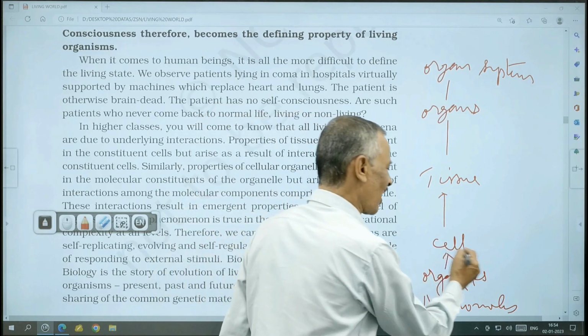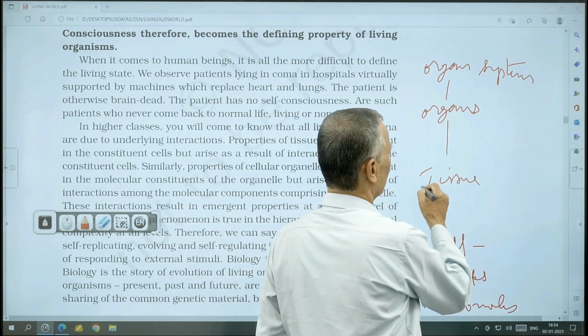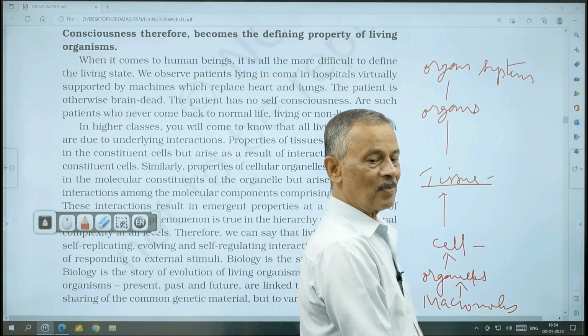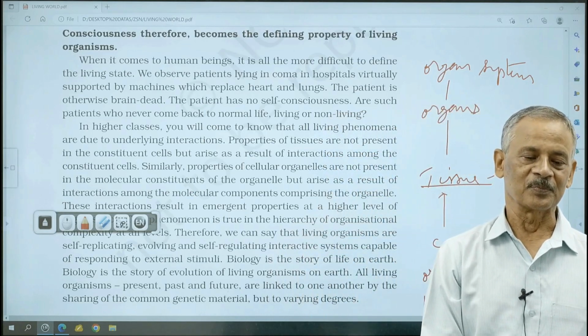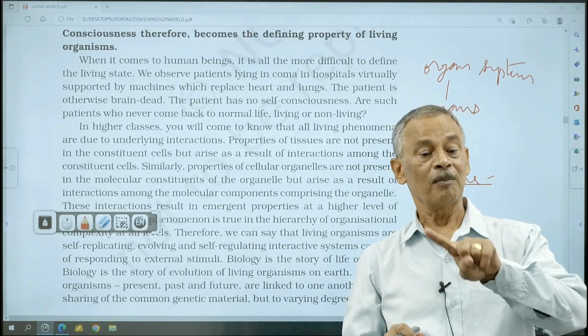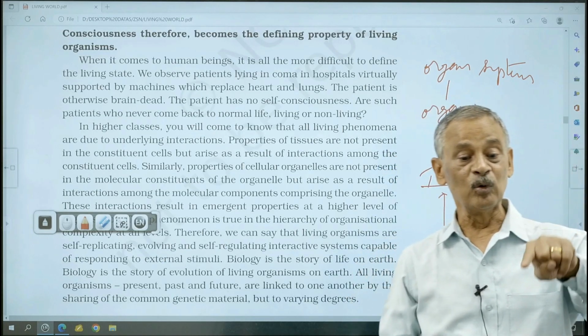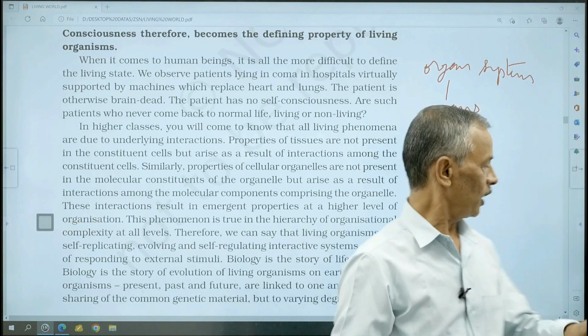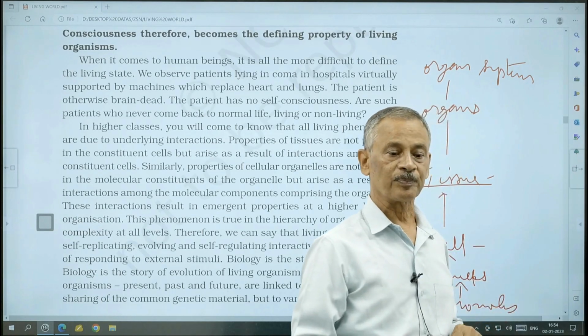A cell has some properties, but a tissue has some other different properties. A tissue is made up of cells, but a tissue has some new properties which are not present in cells.